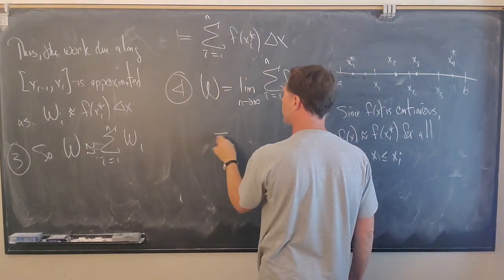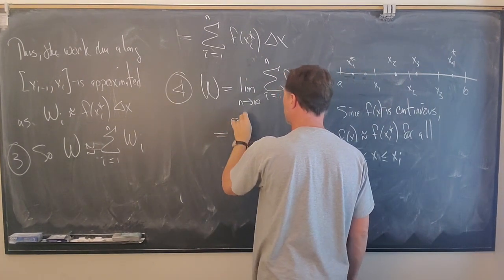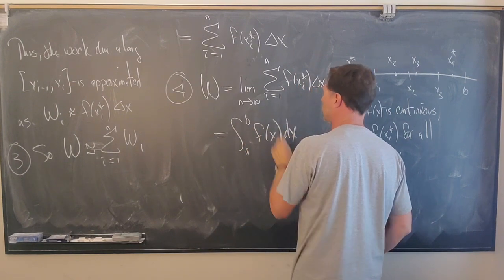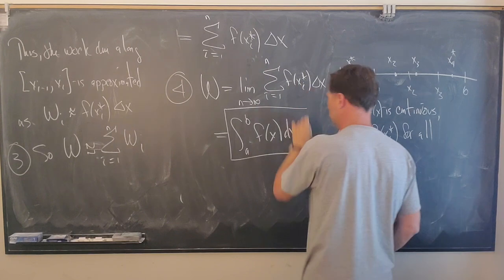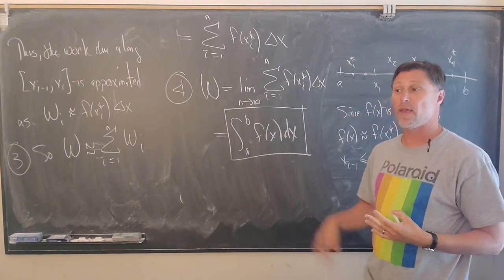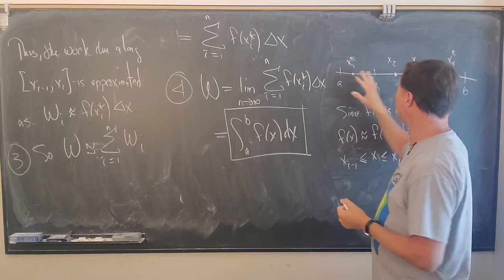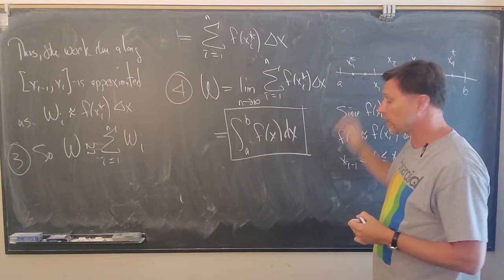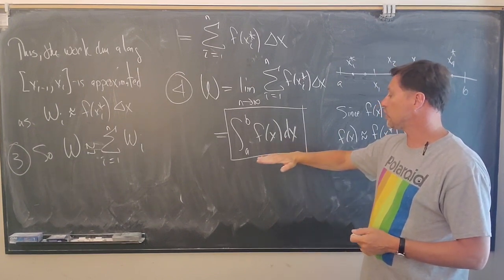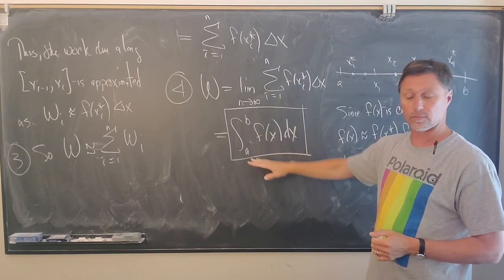And because we've got a continuous function, we can compute this as a definite integral. So if we have a function that describes the force at each position along the interval, then to find the work done by that force, you just integrate the force function.